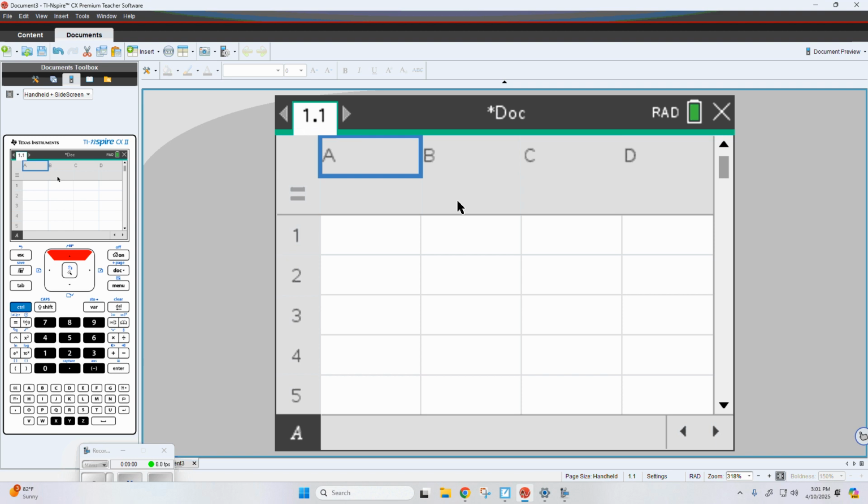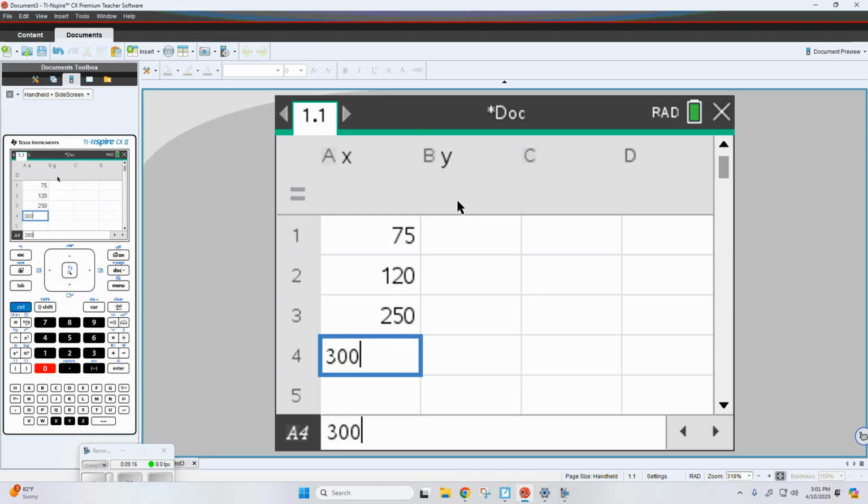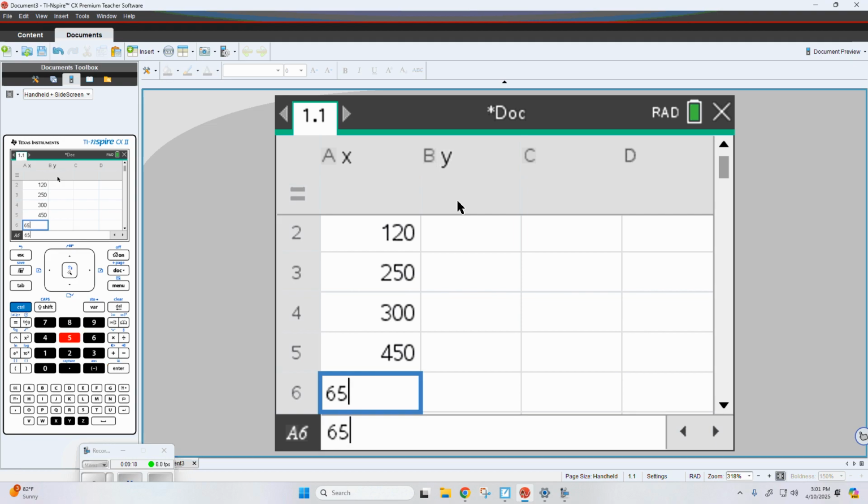All right. Now, we're using S and P, but I always like to default back to X and Y. Remember to avoid the equals row. Let's put in the first column here. So this is the church size: 75, 120, 250, 300, 450, 650, 900, 1500, 2500, and then 5,000 people.